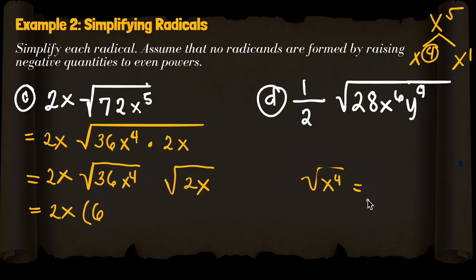What we can do is use the exponential form, x raised to 4 over 2. So, 4 divided by 2 is 2. That means the square root of x raised to 4 is x raised to 2.